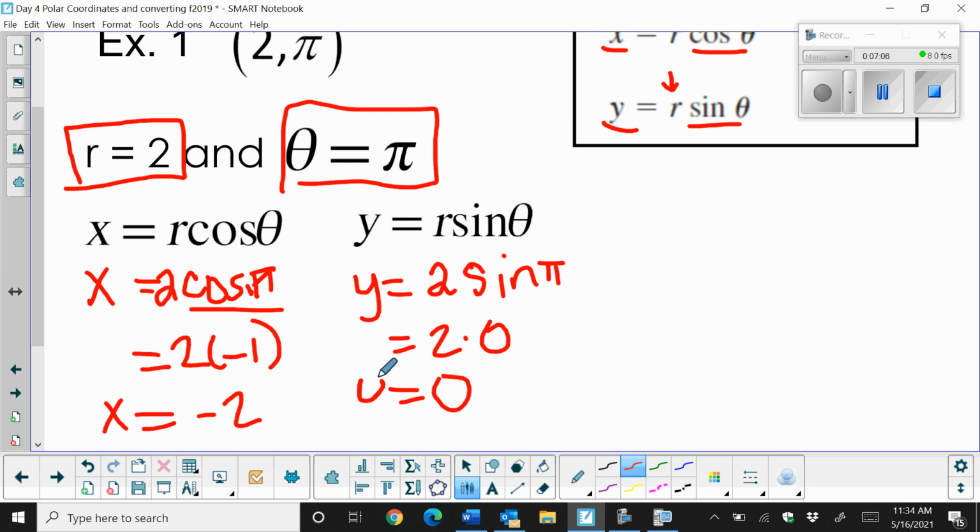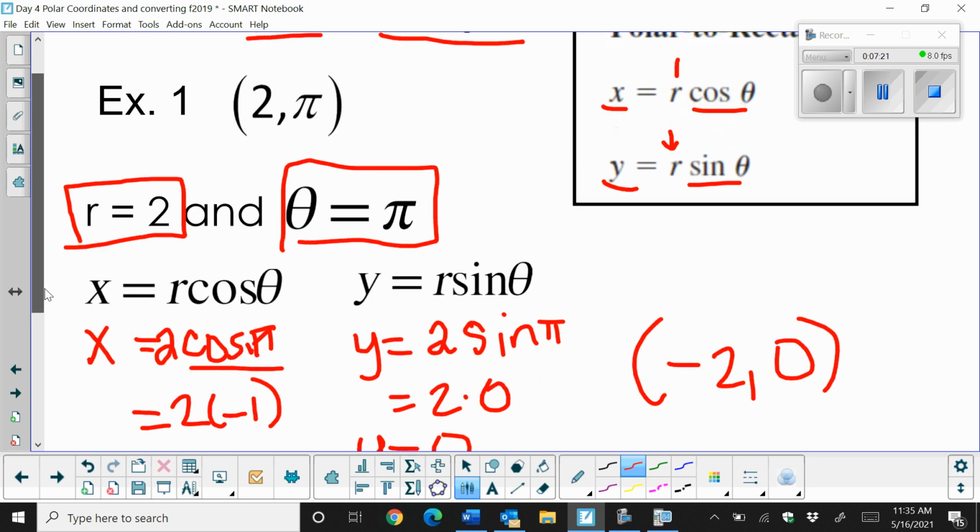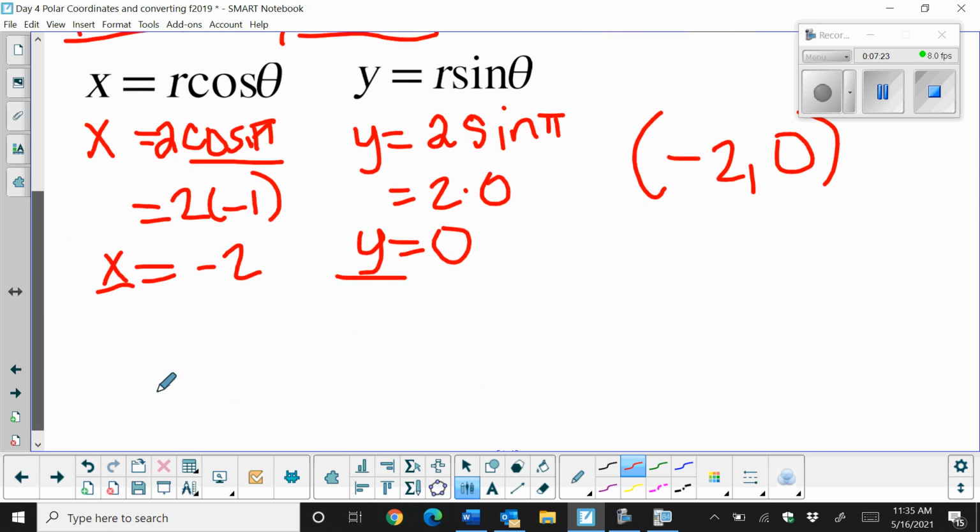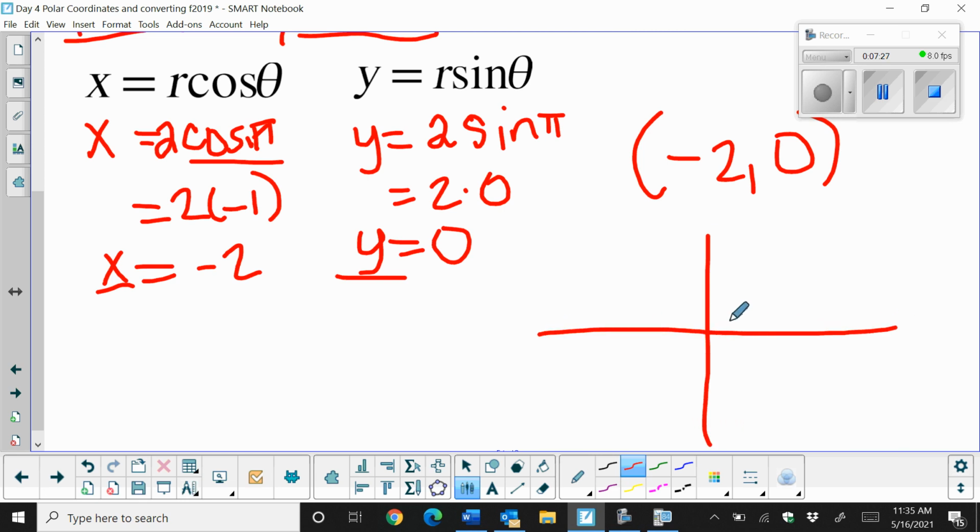So we now have an x-coordinate and a y-coordinate at -2, 0. And that is our rectangular representation. So I want to now just quickly sketch it so you can see what we're doing. Okay, first our polar position.